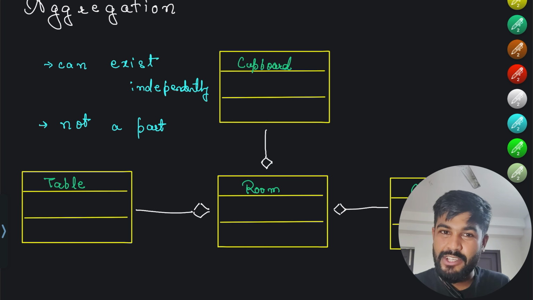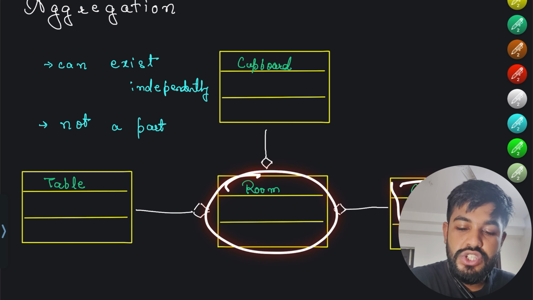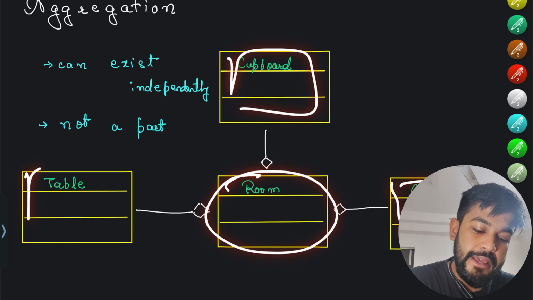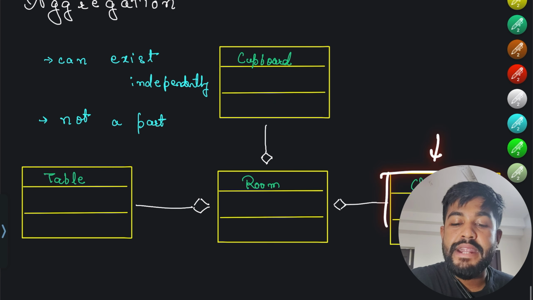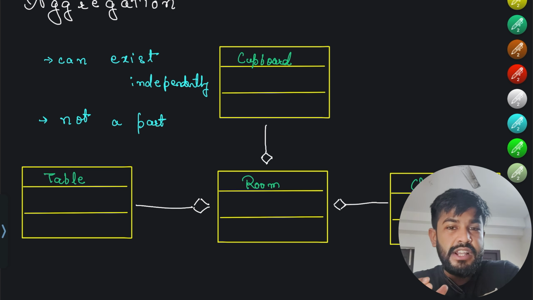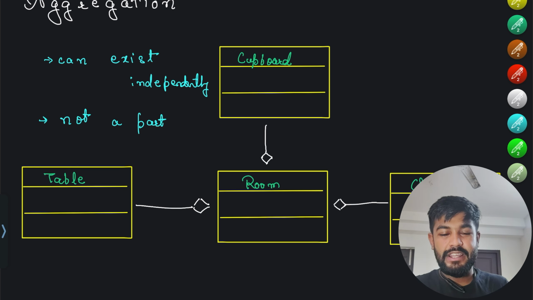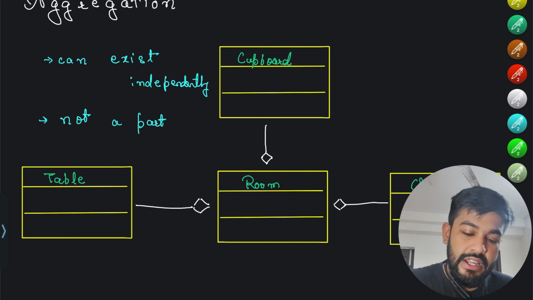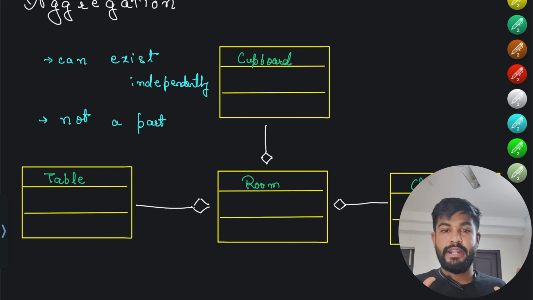They have a life of their own. In the same manner, a room has a relationship with chair, cupboard and table, but they have a life of their own and they can exist independently. A chair can exist independently, as well as a cupboard and a table.